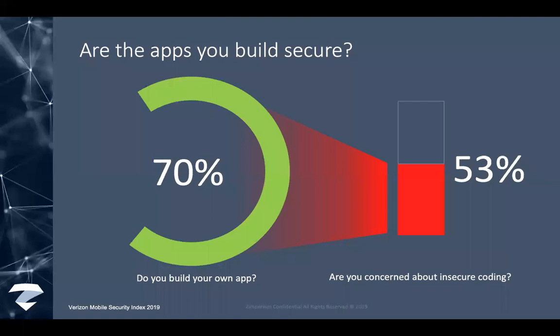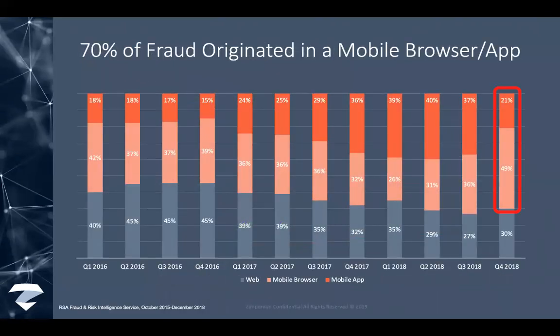So 70% of the people that filled out this survey do build their own apps. And of those 70%, 53% of them aren't even real firm on their building a secure application. So are you concerned about insecure coding? 53% of them, yes, I am concerned about my own ability to push out a mobile app. It's pretty scary. So you're either, I guess, 47 or 53, you decide.